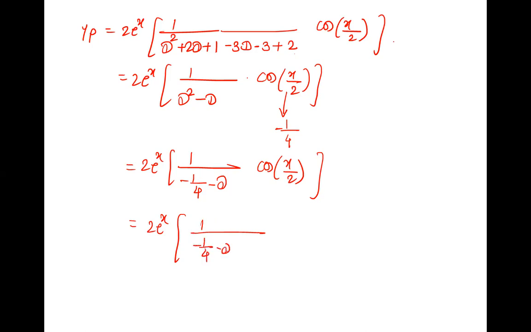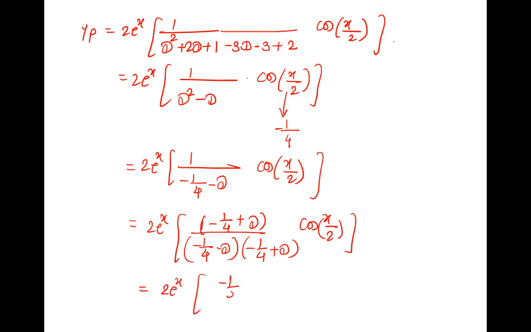Multiply by minus 1 by 4 plus D. So 2 e raised to x, minus 1 by 4 plus D, upon (minus 1 by 4) squared, which is 1 by 16, minus D squared, on cos x by 2.